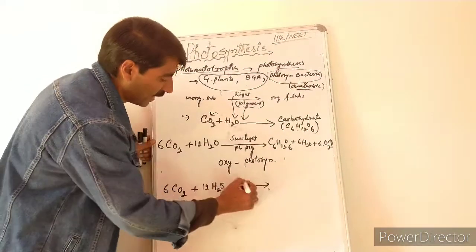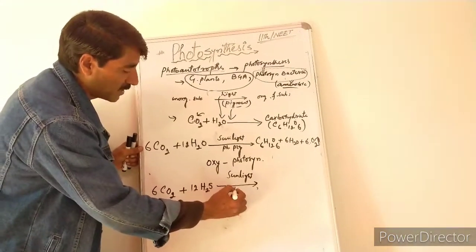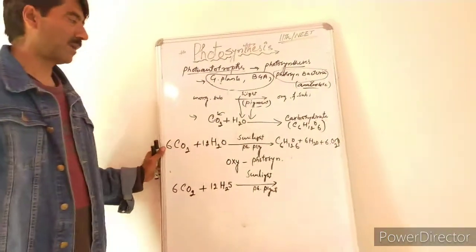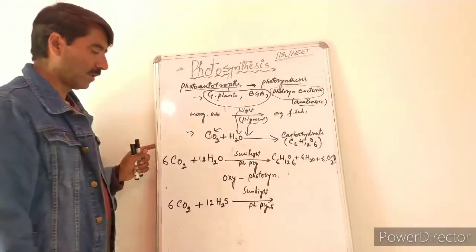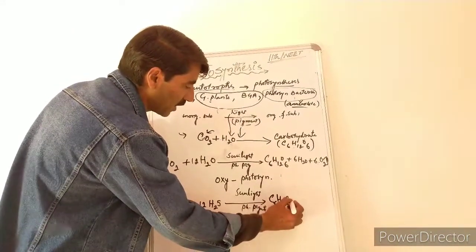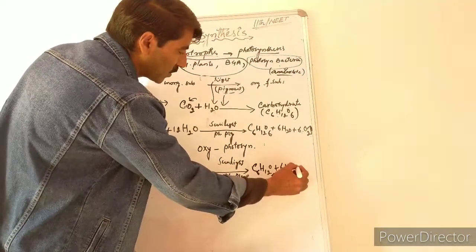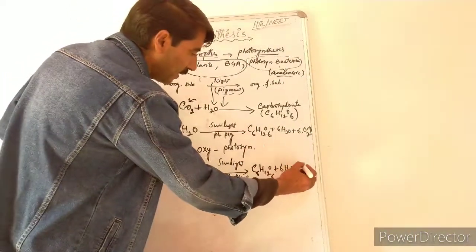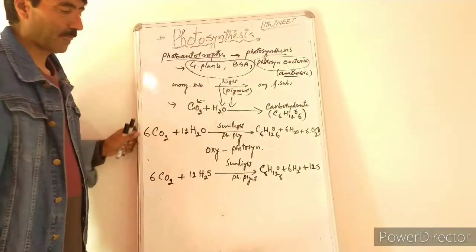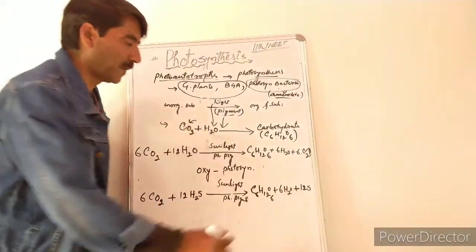In presence of sunlight, they can harvest this sunlight, and in presence of photosynthetic pigments, which are different from the pigments of the plants and the blue-green algae, they can produce the carbohydrate, that is glucose, C6H12O6, and produce 6 molecules of water, and also they precipitate 12 sulfur molecules. So here, instead of evolution of oxygen, sulfur is being precipitated.